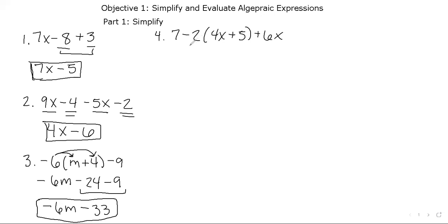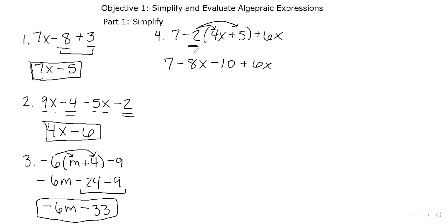So again, this -2, we're going to have to distribute it to the 4x and the 5. Also, when you are doing your distributing, make sure you keep the sign with this number. So we're going to bring down the 7, and this negative 2, we're going to multiply it by 4x to get negative 8x. The negative 2, we're going to multiply it by the 5 to get negative 10. And we're going to bring down that plus 6x.